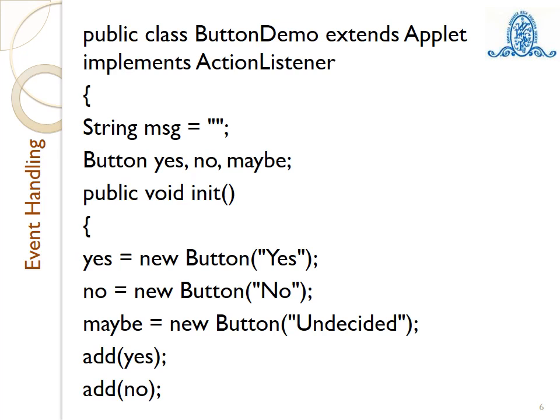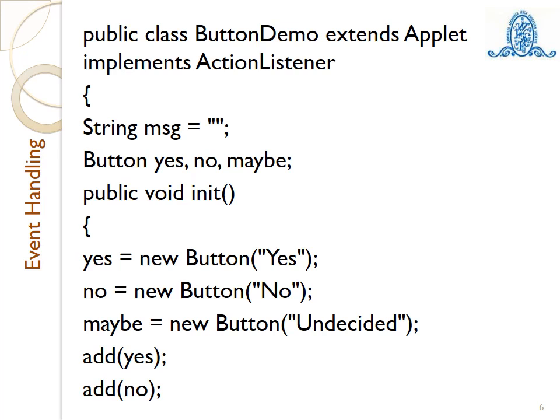Here we use a button as an event source, so we know that an action event is generated, and for an action event we use the action listener interface. So we have to implement this action listener interface. The declaration of the applet class is public class ButtonDemo extends Applet implements ActionListener.